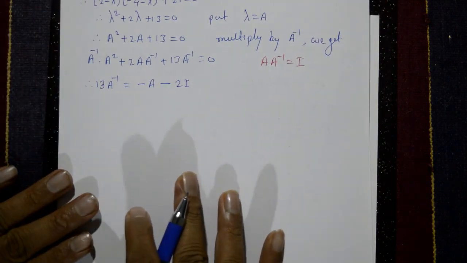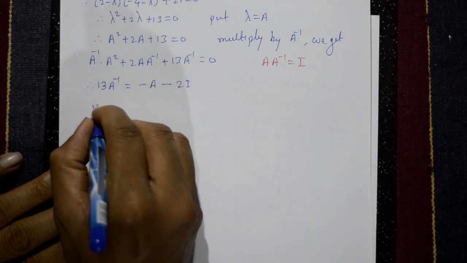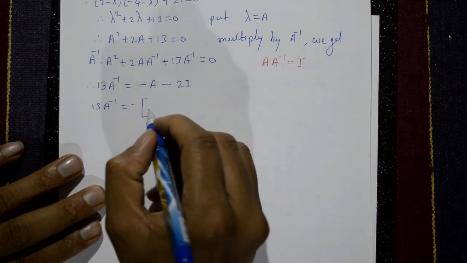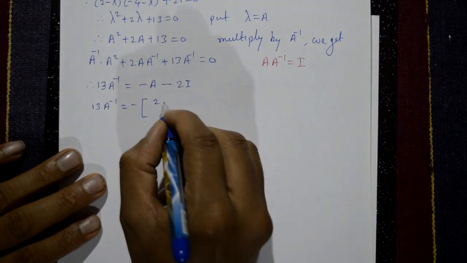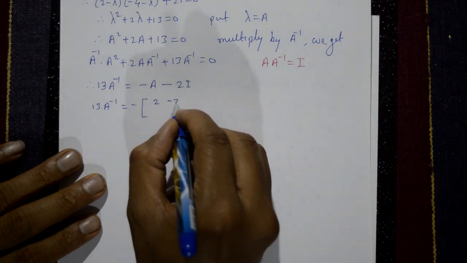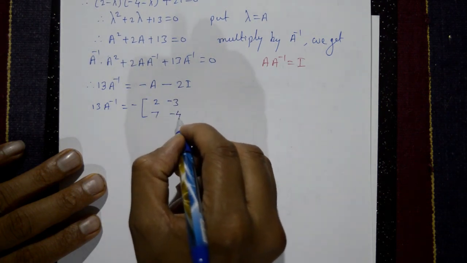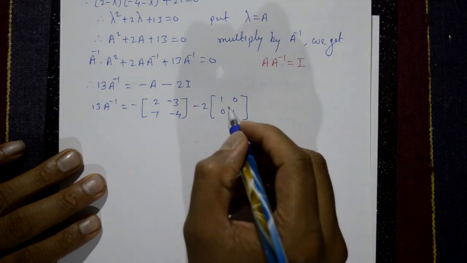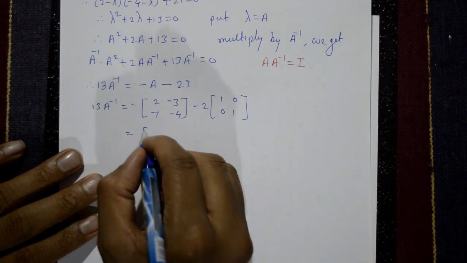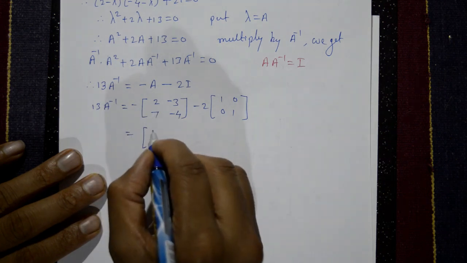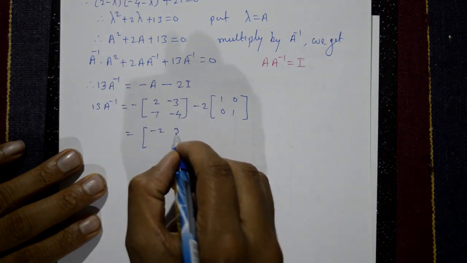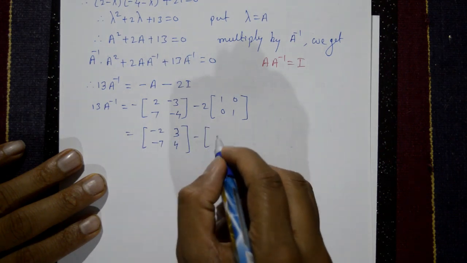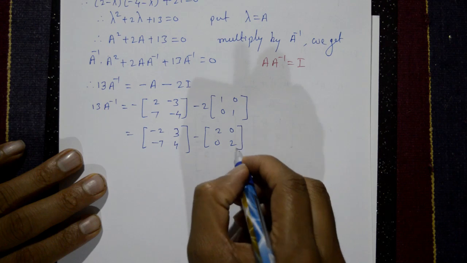Okay, now 13 A inverse is equal to matrix A, 2 minus 3, 7 minus 4, minus 2 into I, the unit matrix. Now this is equal to: 2 minus 3, 7 minus 4, minus 2 0, 0 2.